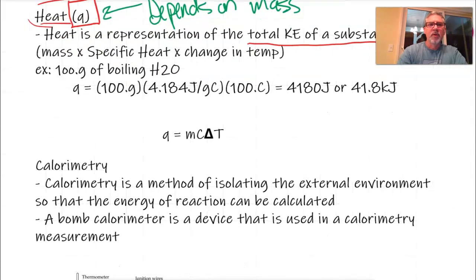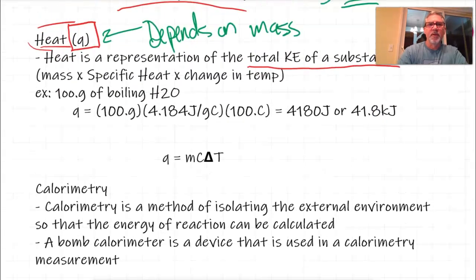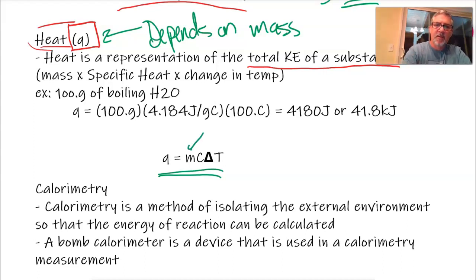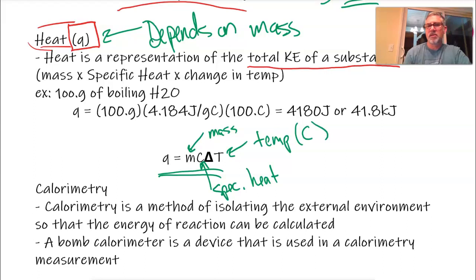Let me give you an example of heat. The formula to figure out heat, where heat is Q, is: Q is equal to M times C times T, where M is mass, C is specific heat, and T is temperature in Celsius.